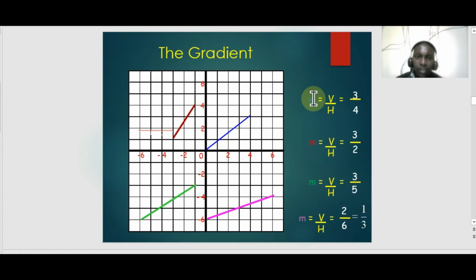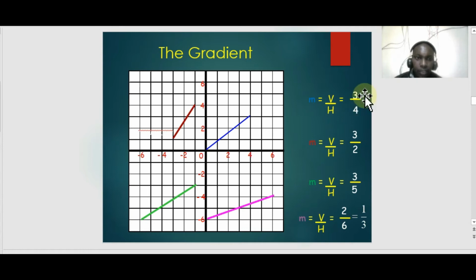So this is the gradient for this line. We have said that gradient is equal to the vertical distance over the horizontal distance, or the change in the vertical height divided by the change in the horizontal distance. So in this case, for example, in this line that is here, the gradient is given by 3 over 4, as you can see here.